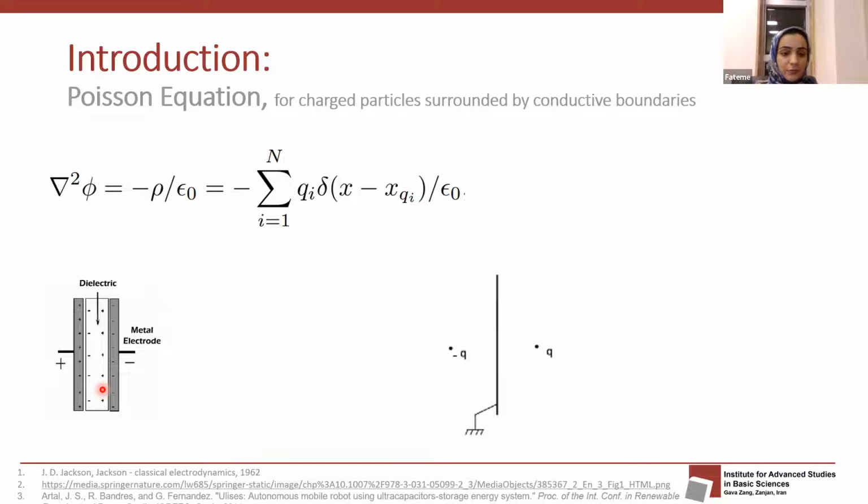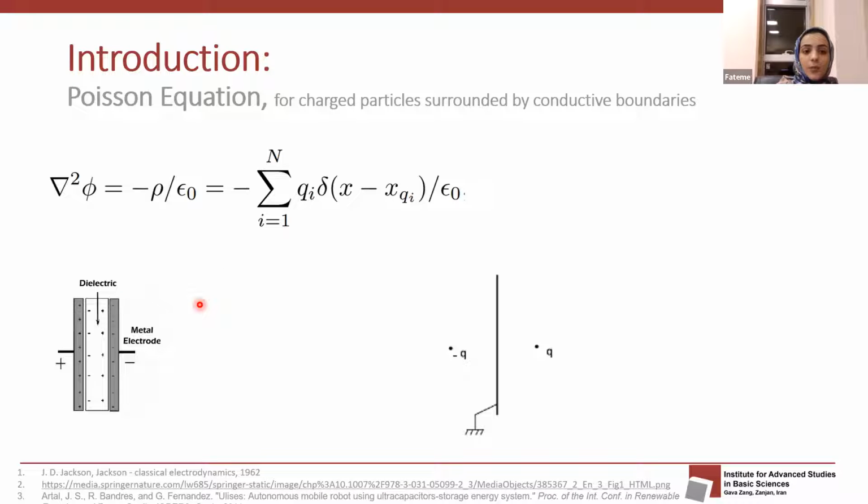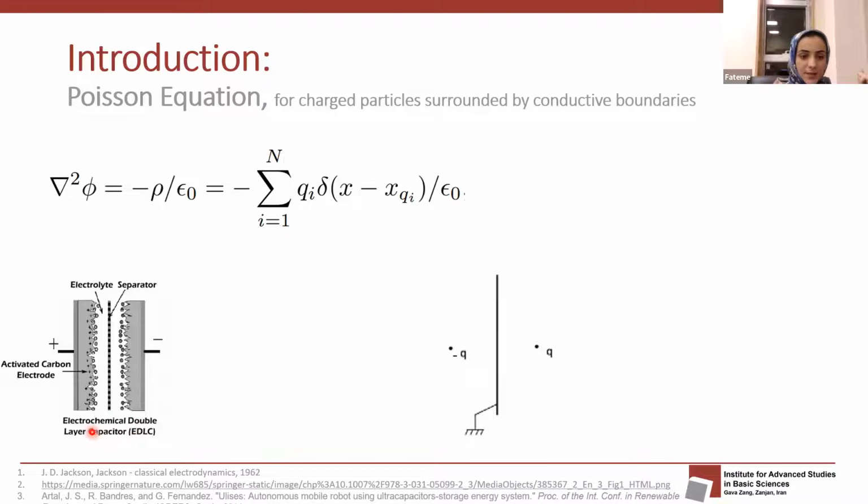So we have infinite terms in this sum. Okay, but when this problem with this symmetry turns to a supercapacitor, which is asymmetric, we could not solve it by the image charge method.